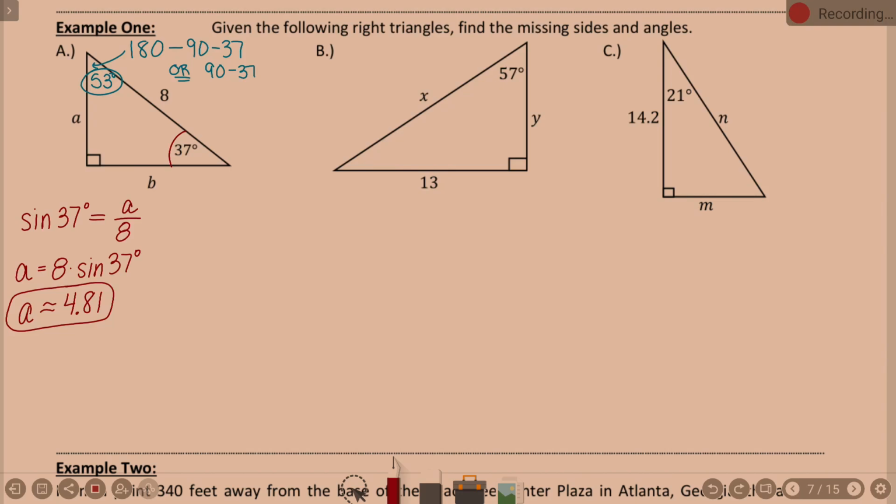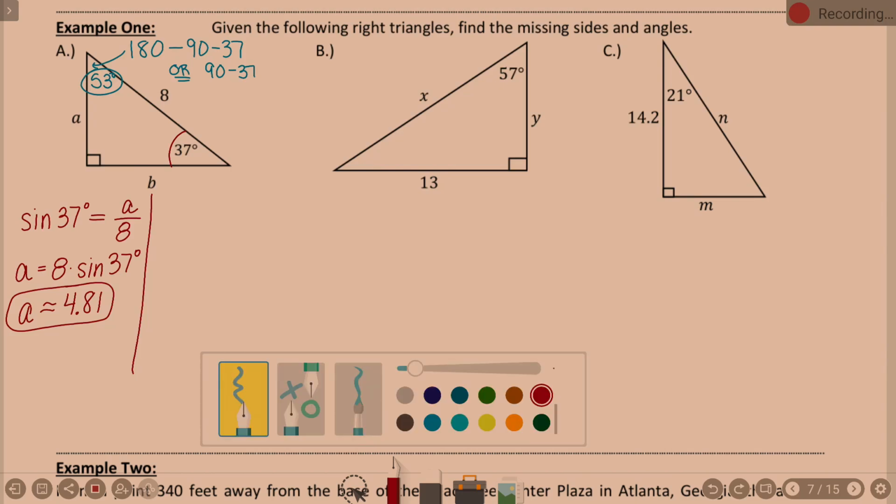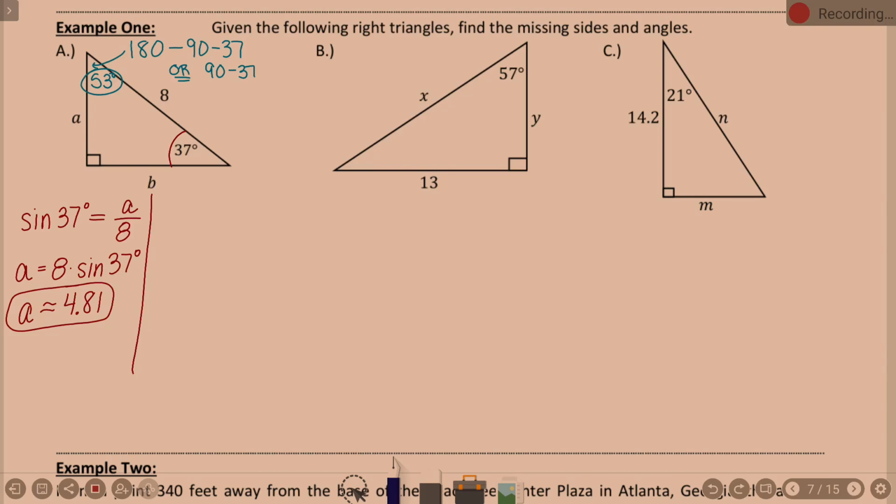Okay. I have found an angle. I have found a side. What else do I need to do? We need to find B. Okay. Options. How would you like to find B? I just used the same angle and just did cosine instead.